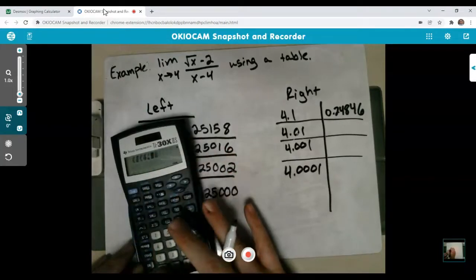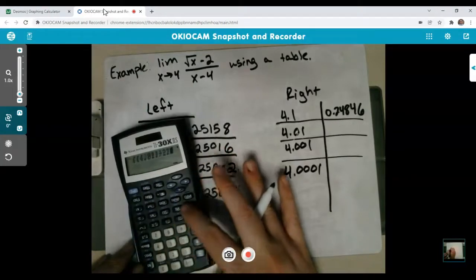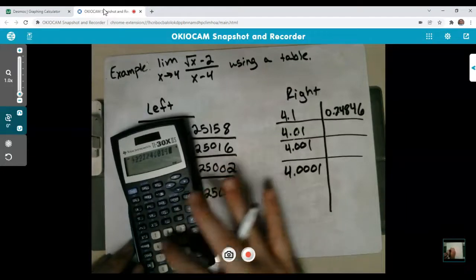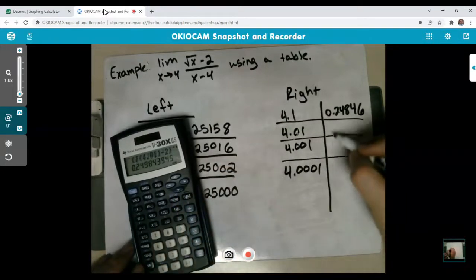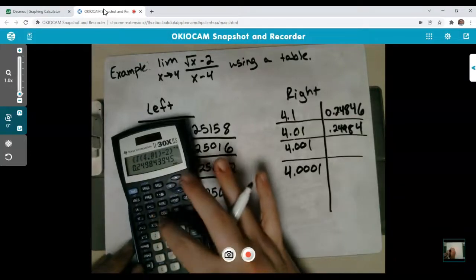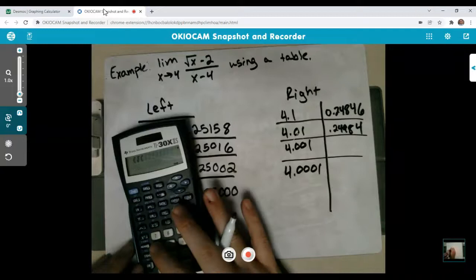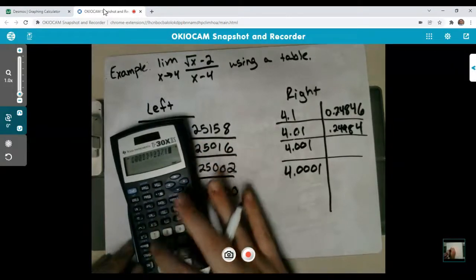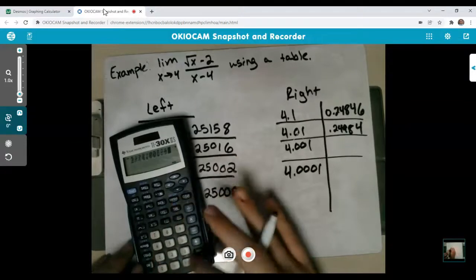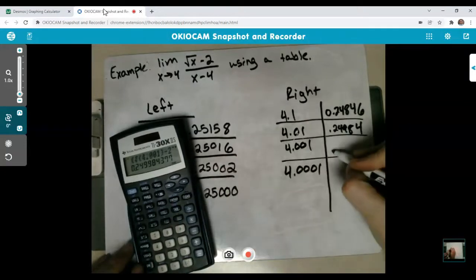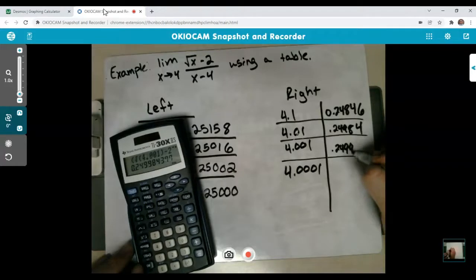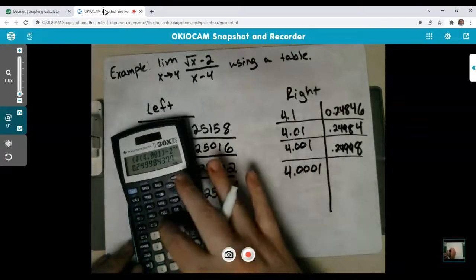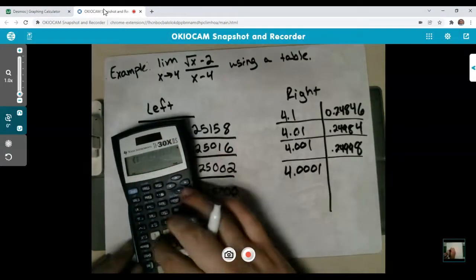Square root of 4.01 minus 2 divided by 4.01 minus 4. That's 0.24984. Plug in 4.001. 0.24998, and then also 4.0001.